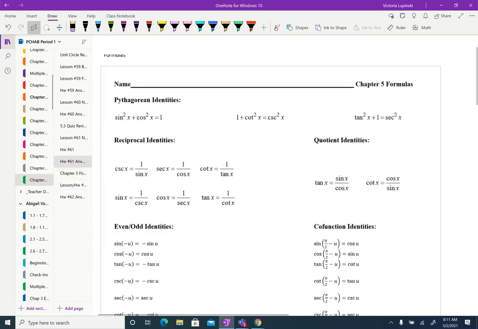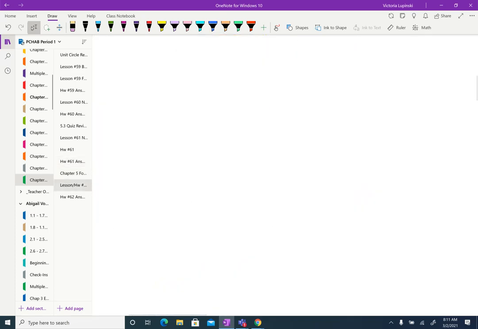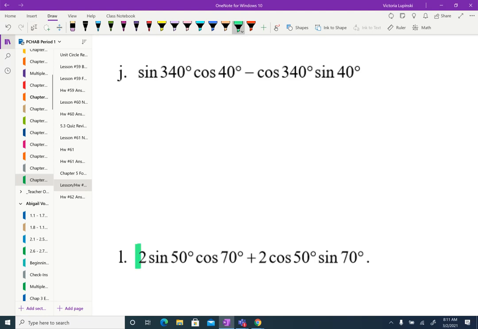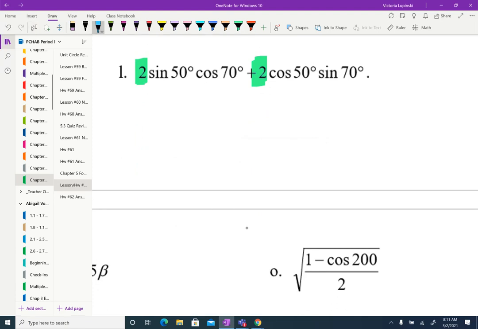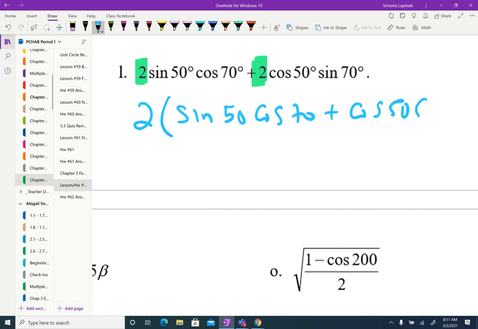So going back to the sheet here, you're going to realize that because there's a 2 in front of each one, you're going to go ahead and start by factoring that out. So you are allowed to manipulate the problems first. So when you factor out the 2, you're going to get sine 50 cos 70 plus cos 50 sine 70.